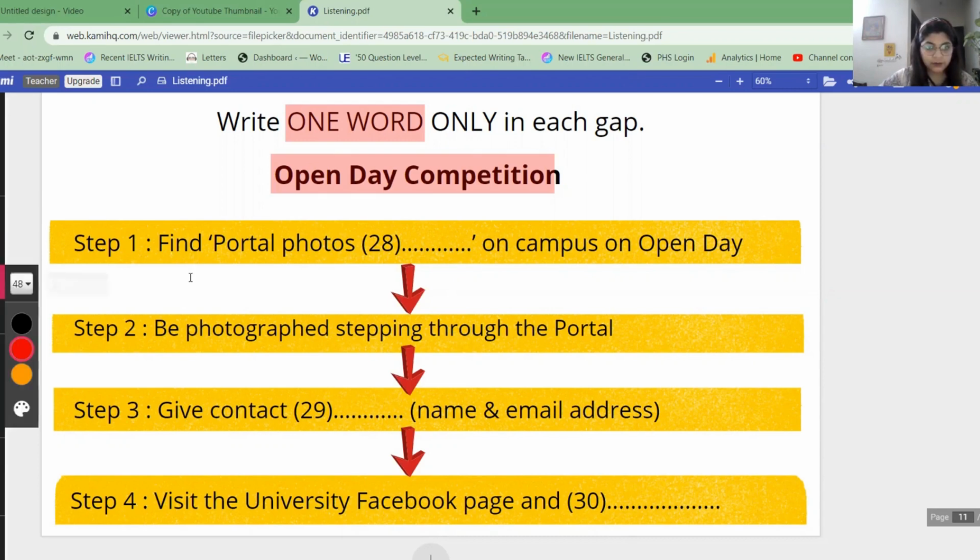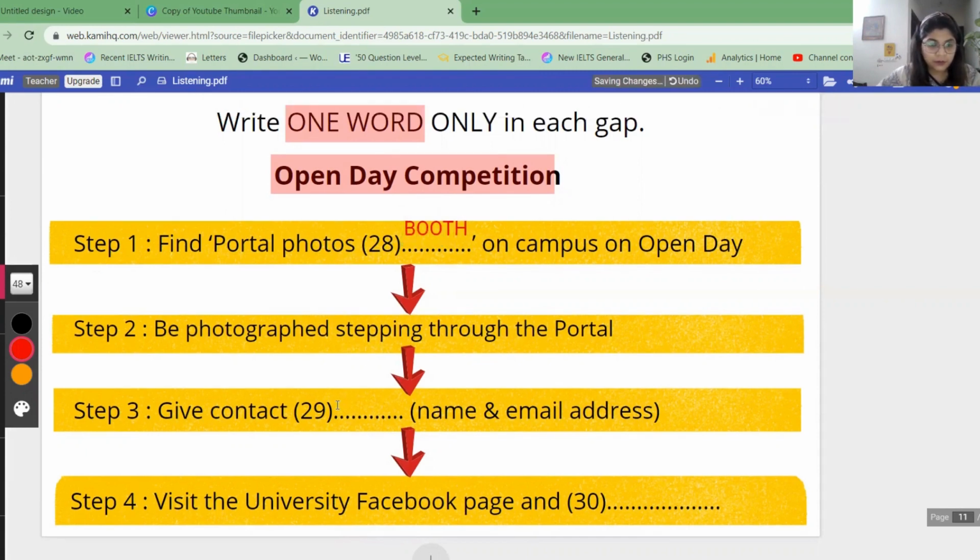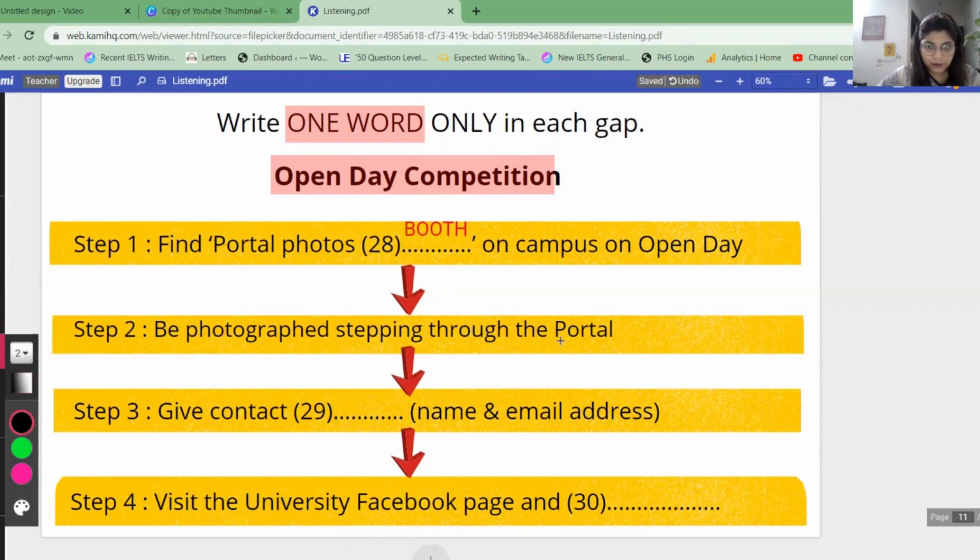Now listen and answer questions 28 to 30. How do visitors enter the competition on Open Day? Well, firstly, they have to make their way to the portal photo booth on campus. Okay, a bit like a treasure hunt to start with. Yes, and then they get their photo taken stepping through the portal. And they'll have to write down their details.